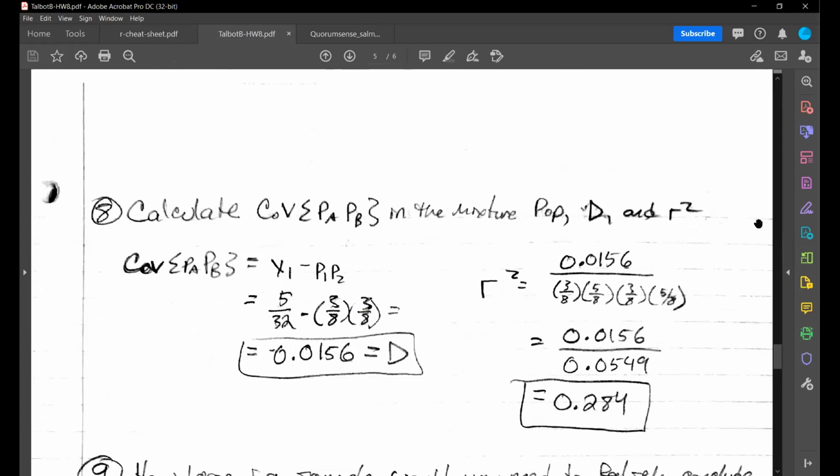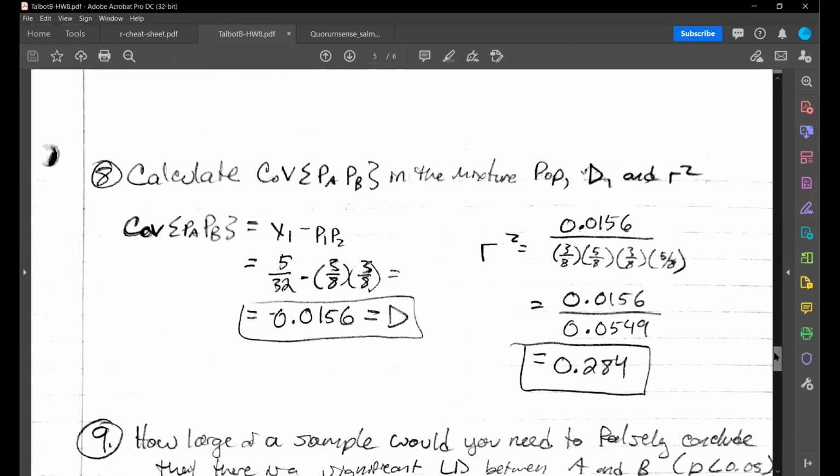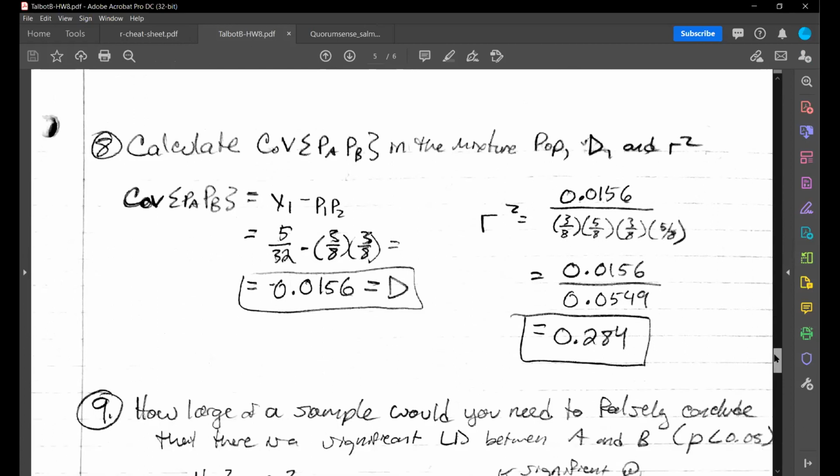Okay, so we're calculating the covariance and D and R squared. But I think maybe I misnoted something, because I don't think D and the covariance are the same value, but at the time I was doing this, I was trying to understand how the covariance and D were related.